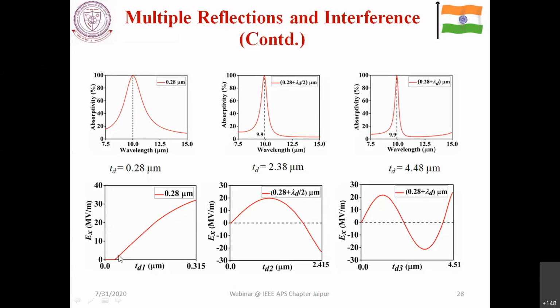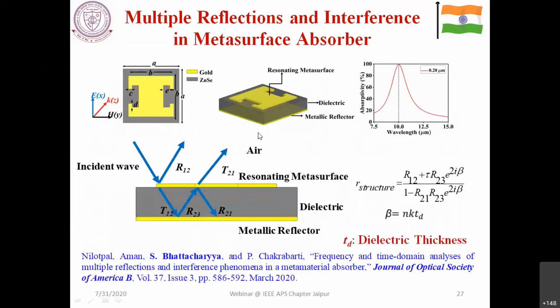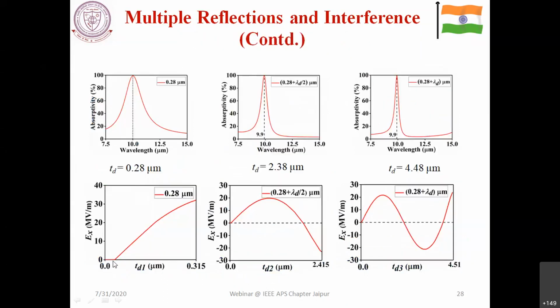And I'm telling you that once we are making the modeling, I am just going back once again to this one. So at the surface at the bottom of the metal reflector, we are considering Z equal to 0. And what will happen once you see this one, suppose TD1, that for Ex equal to 0, for a certain value of TD1, that certain value is nothing but the metal thickness, or the gold thickness which is there at the bottom, right? And after a dielectric value, you are having the other end, which is nothing but Z equal to TD1, okay?